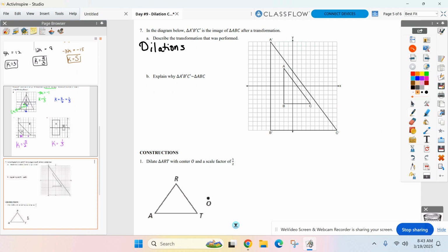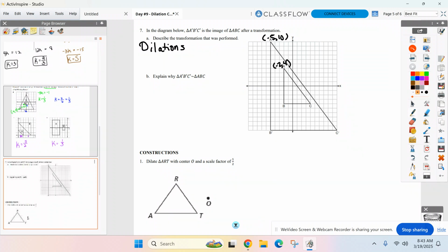Here you go, ready? Let's take point A. -2, 1, 2, 3, 4 is -2, 4. And then I go to A prime. Let's see, what's that bad boy? 1, 2, 3, 4, 5. 1, 2, 3, 4, 5, 6, 7, 8. Wow. That was a lot of counting. -5, 10. Am I multiplying the x and the y by the same number to get its image?